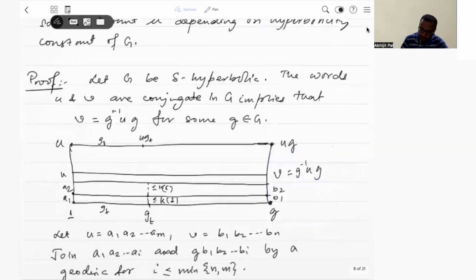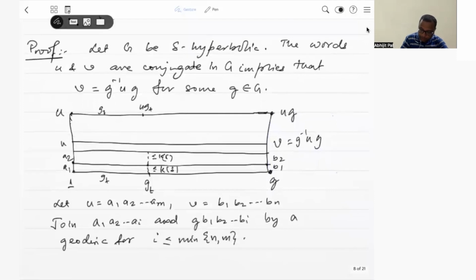Okay, so now let us take U to be equal to a1, a2, ..., am and V to be equal to b1, b2, ..., bn, where these ai's and bi's lie in S union S inverse. S is the generating set of the group G. Therefore, if I take this geodesic from 1 to U, the first edge will be labeled by a1, the second edge will be labeled by a2, and so on.